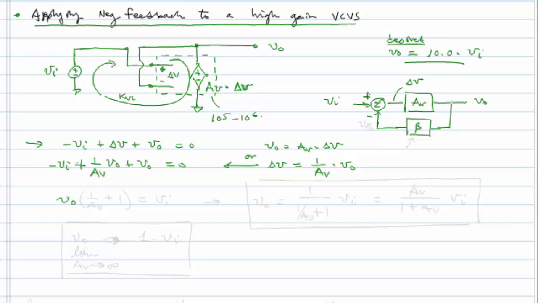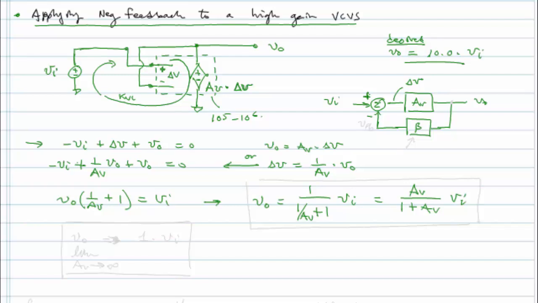And we'll collect our VO term. And we can now write VO is equal to 1 over (1 over AV plus 1) times VI, or we could write it as AV over 1 plus AV times VI.